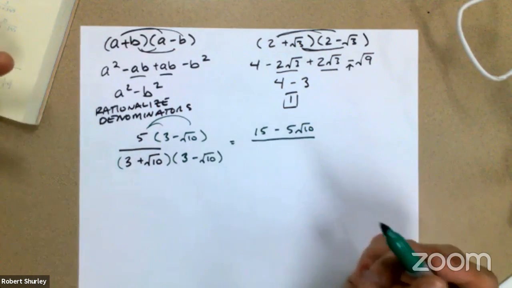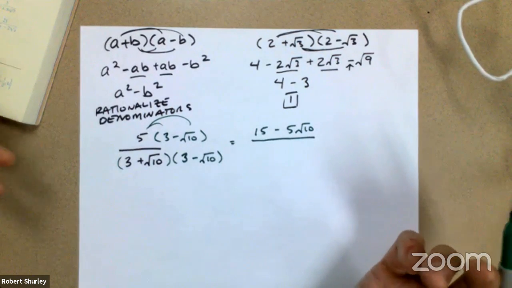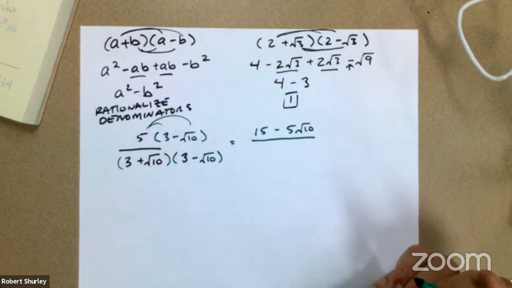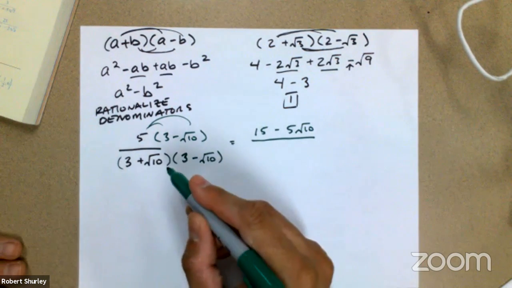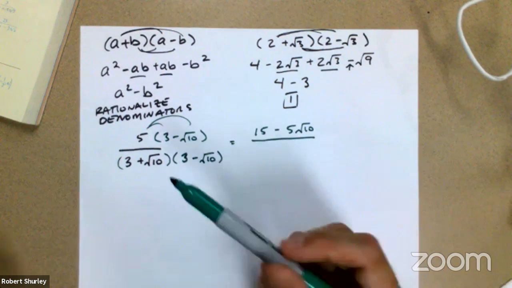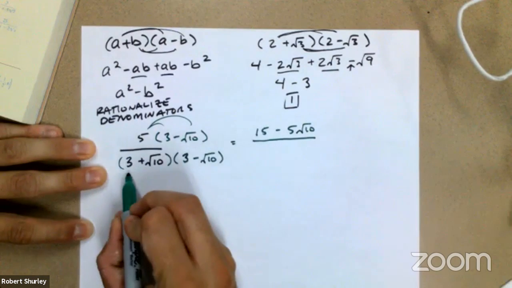Now I'm going to FOIL it out, but what you're going to see after a while is you don't have to do the middle 2. You can get a little lazy with these. Efficient is what we like to say in mathematics. You only have to multiply the first and the last, because the outside and inside of FOIL will always cancel if these are conjugates. But let's do a few of these before we start getting lazy.